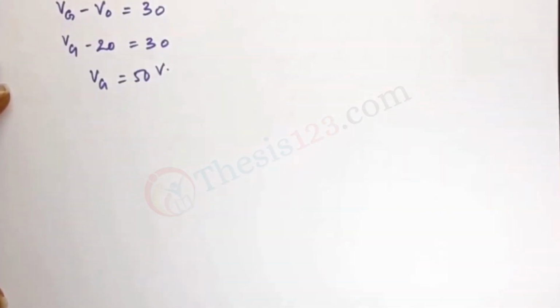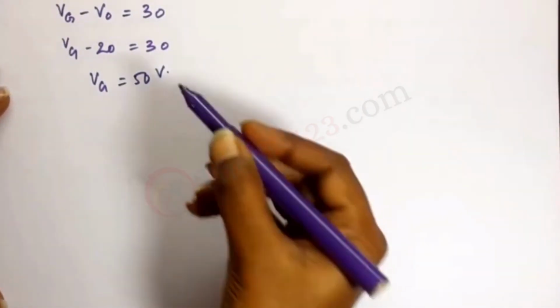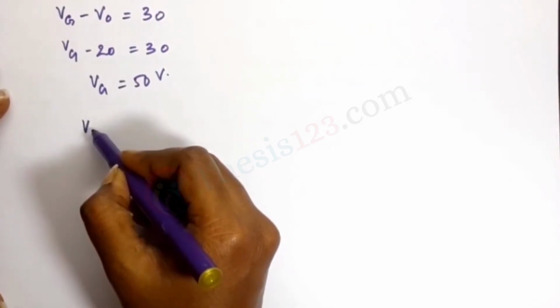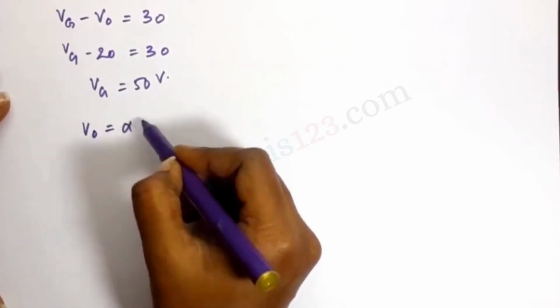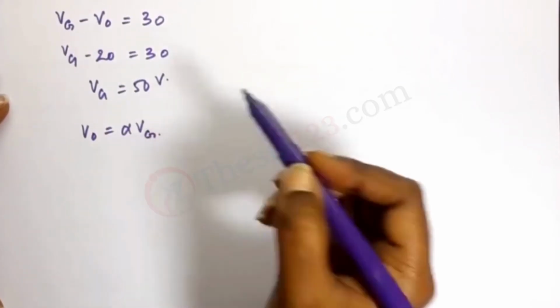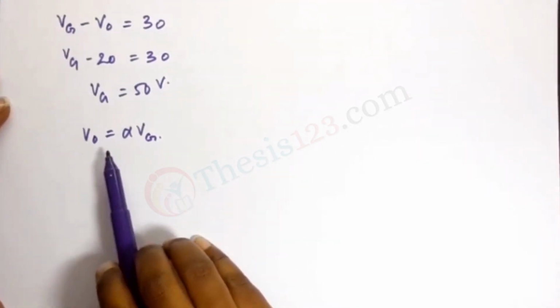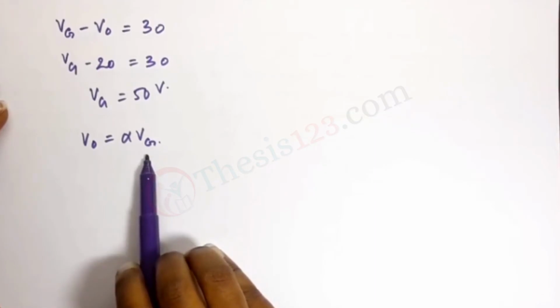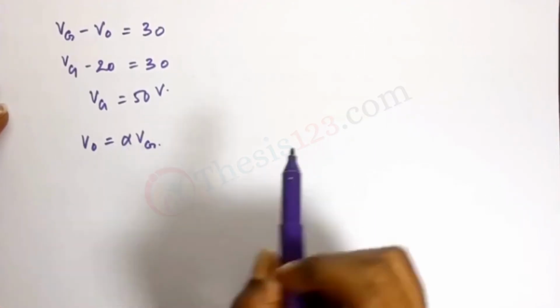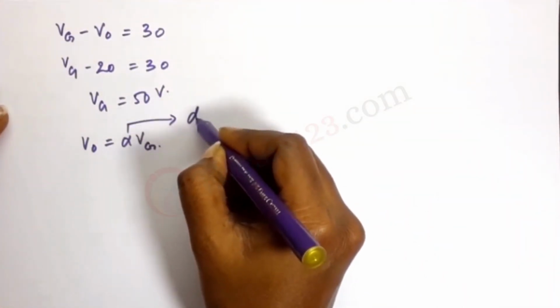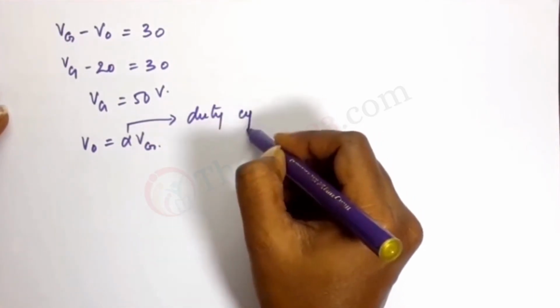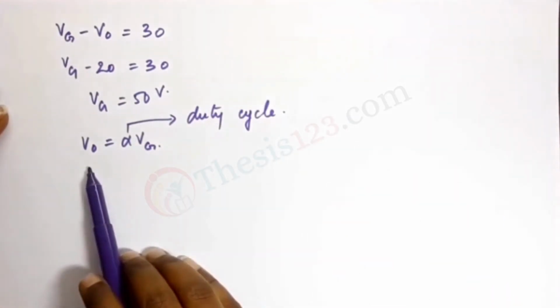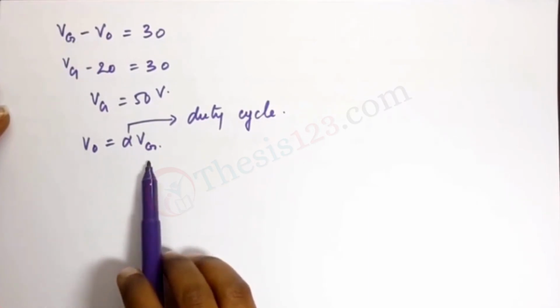Now because the question asks us about the duty cycle, here is a standard equation: V0 is equal to alpha VG. The output voltage is equal to the product of the duty cycle times the source voltage. So alpha is the duty cycle, and this is what we need to find. We know the output voltage and we know VG.